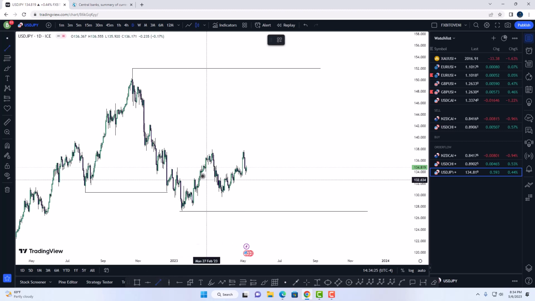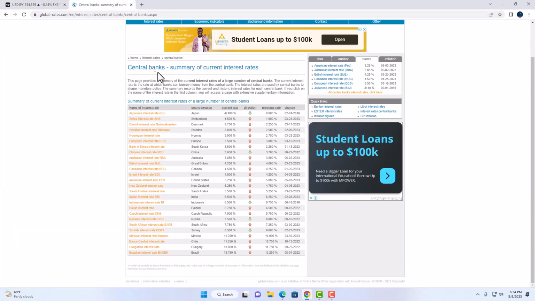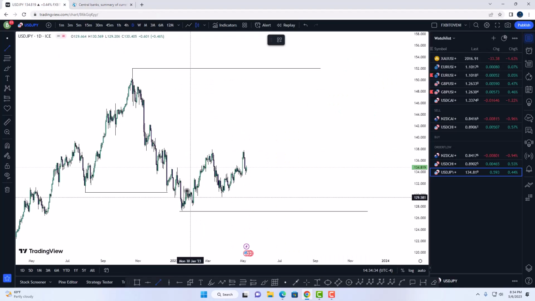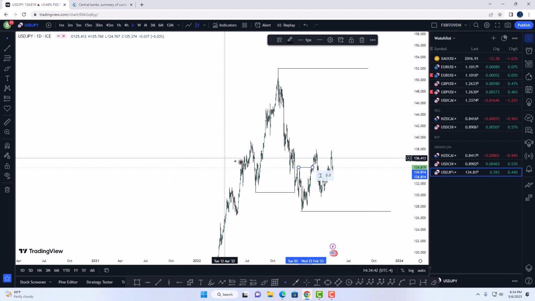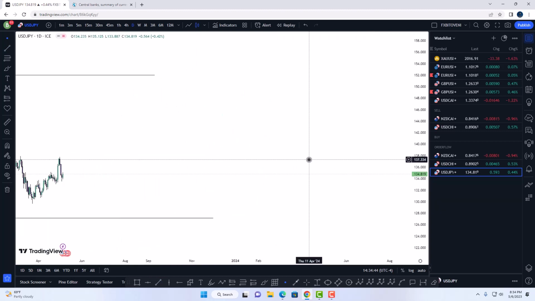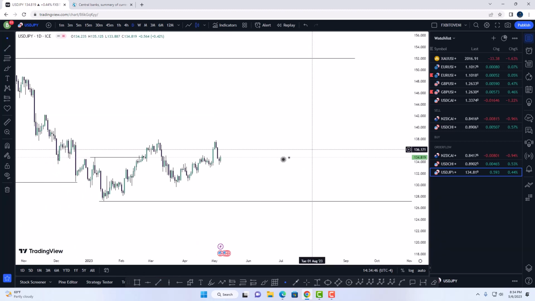So after this interest rate, we have what? We have a breakout structure. Let's think here, in this area, remember Japanese yen remains the weakest currency.